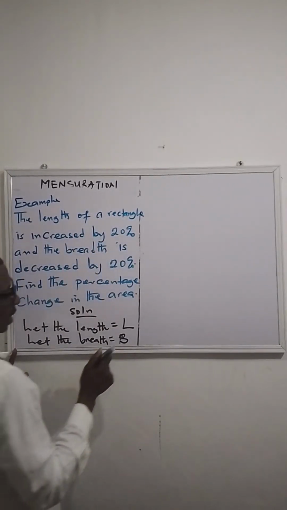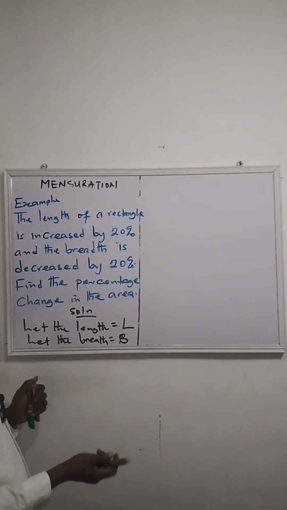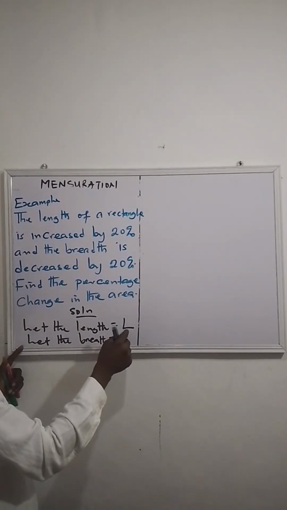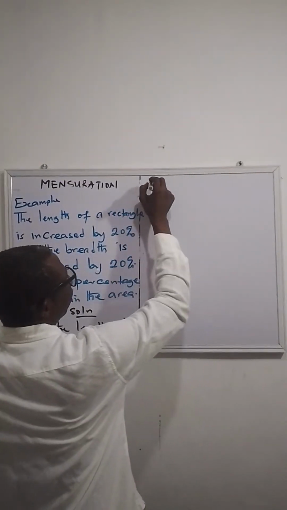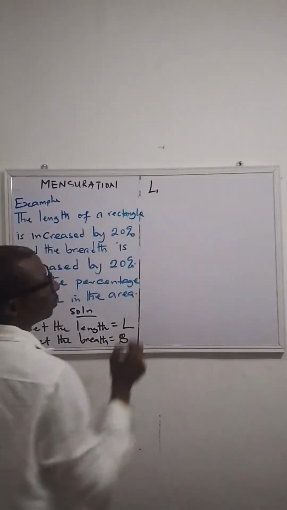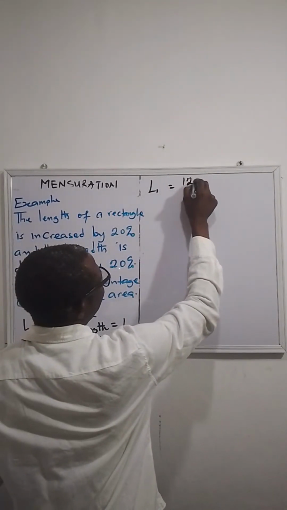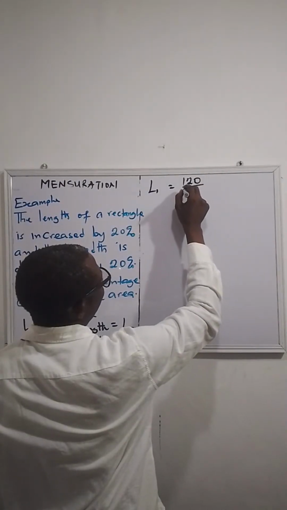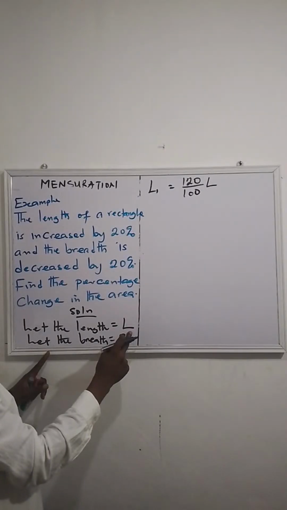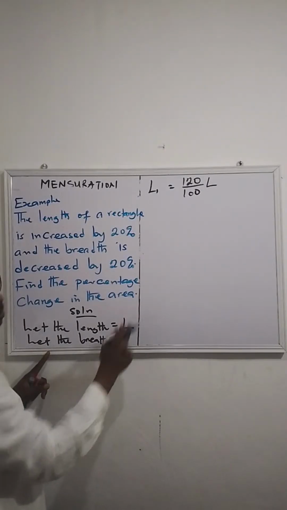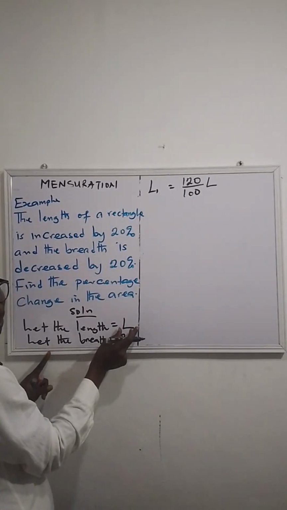So that means we have a new length that is increased by 20%. This L has been increased, so let's represent the new length with small L1. That's going to give us 120 over 100 of this length, because it has been increased by 20.